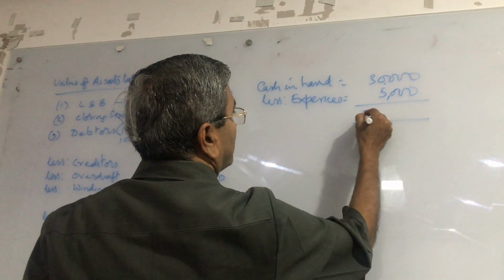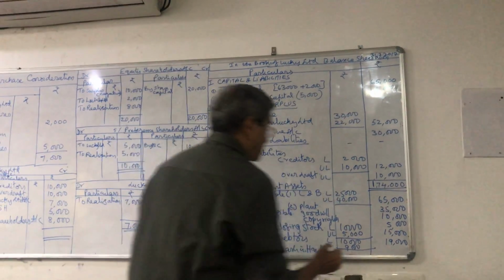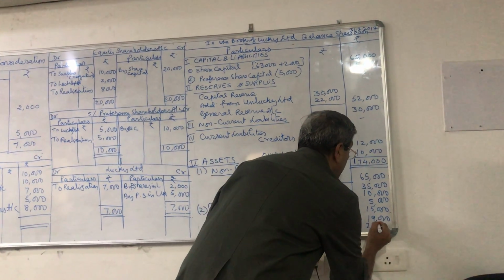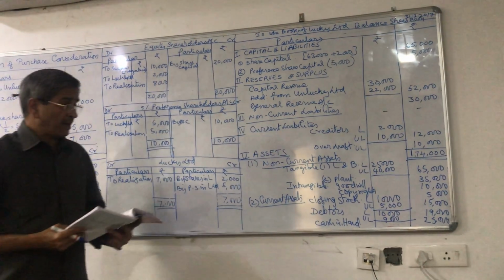I don't think that we have any other adjustment. If you don't have any other adjustment, 25,000 should be shown as asset in the balance sheet. There is no cash in hand in the other company.